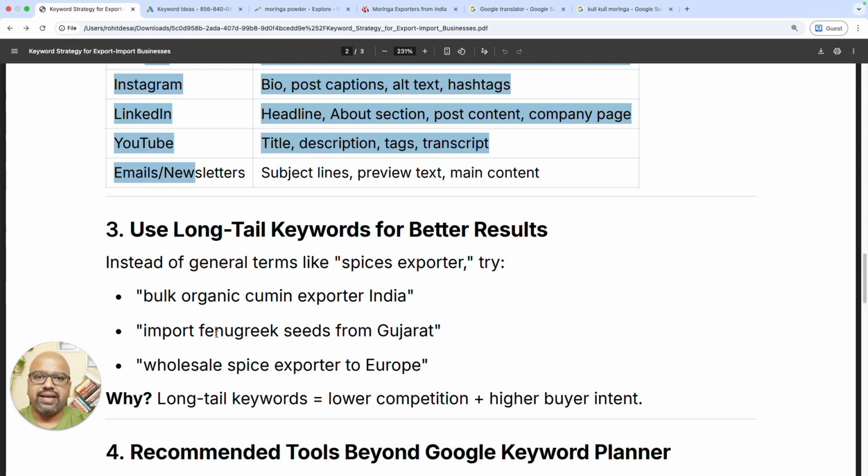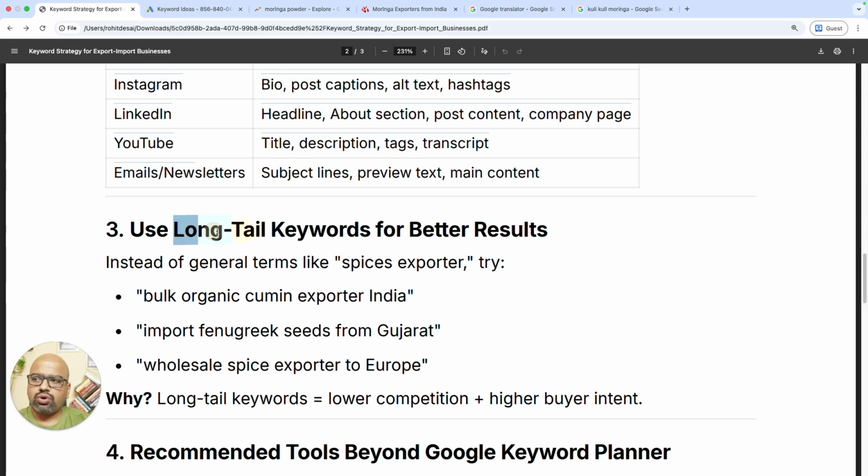Okay, so focus on long tail keywords. Take spice exporter, for example. If I'm searching for spice exporter, normally people wonder: do I need to buy, or am I just looking to make a list, or do I just want to know who the exporters in those markets are, or am I looking for contacts to share with someone? Those could be the possibilities.